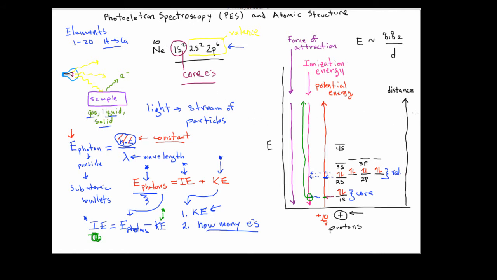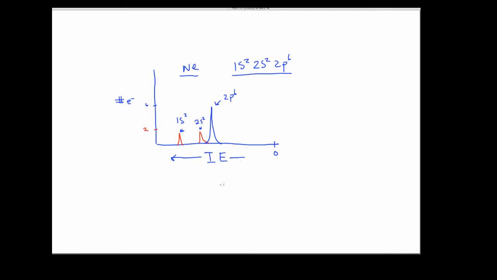So what kind of information do we get from this? Shown here would be the collected information from neon put on a PES scan. Here's how those scans are going to look. We're going to have ionization energy increasing from left to right on the horizontal axis here. The 0 mark I've put out here is arbitrary.